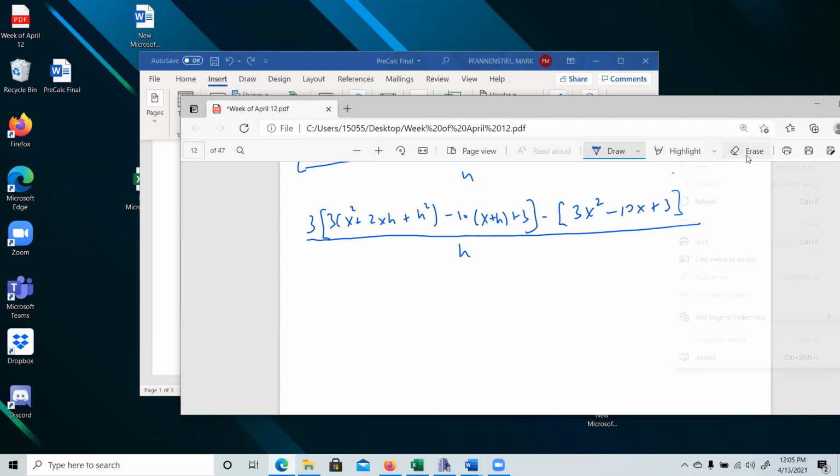I like to do all the distributing in one spot, because if I don't do it that way, I tend to forget one, so that's why I'm trying to keep all my steps in the same spot. So this is going to be 3x squared plus 6xh plus 3h squared minus 10x minus 10h plus 3 minus 3x squared plus 10x minus 3.